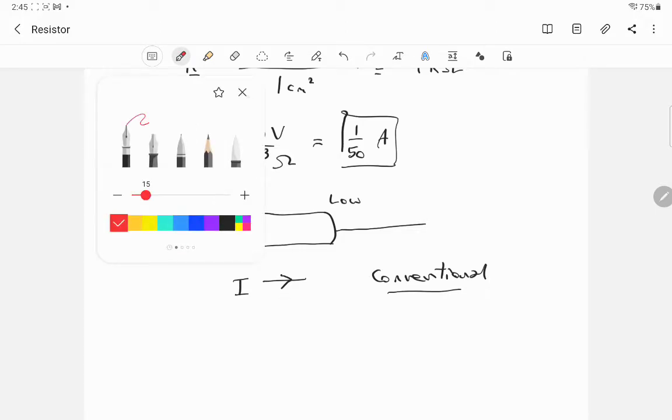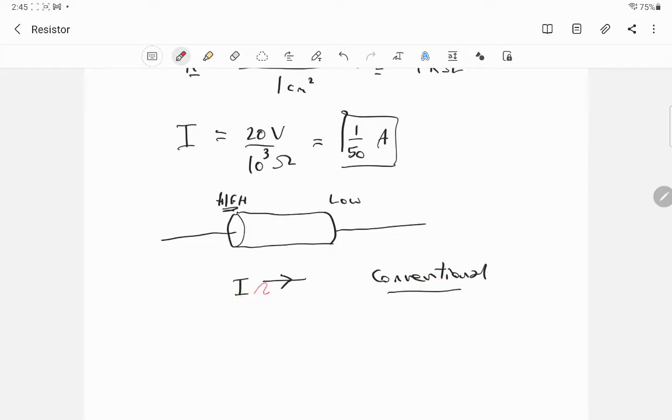But if you remember, conventional current labels the way that the positive charges would flow if they were able to. But the truth is negative charges flow in materials because those are the free conduction electrons. So the electrons actually flow leftward, even though we label the conventional current as being towards the right. The conventional current points us down the potential hills from high down to low. So conventional current, in a sense, spills down the potential hill.